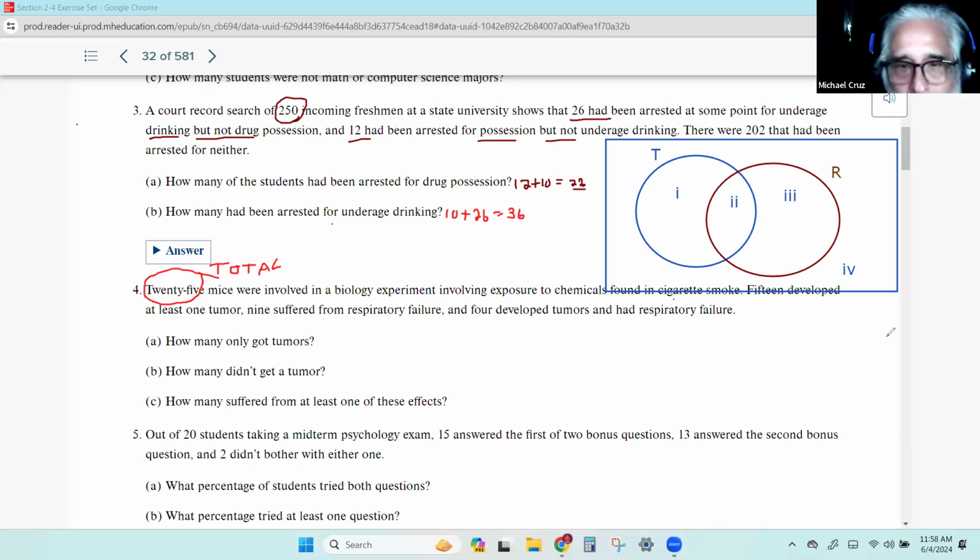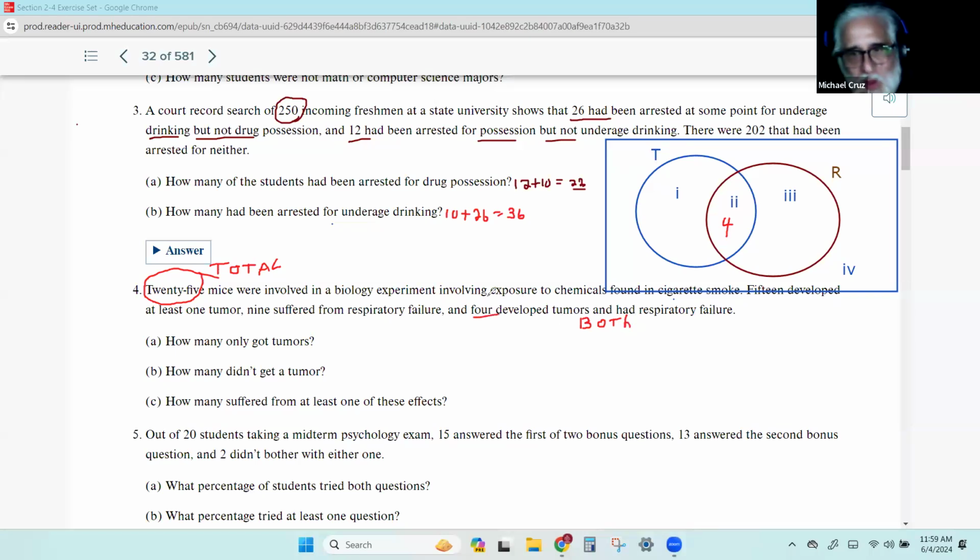All right. So 25 were involved in a biology experiment involving chemical. 15 developed at least one tumor. 9 suffered from respiratory failure, and 4 had both. That's both right there. And essentially means both or intersection.